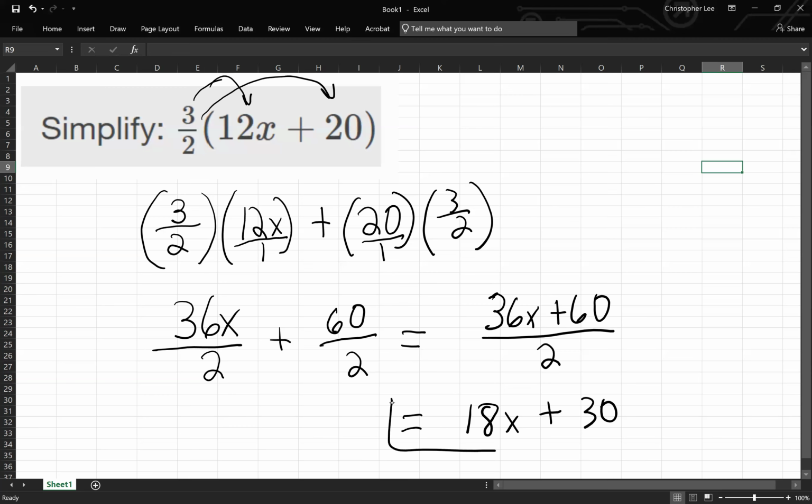There we go. And that's it. All right. Questions on this? Go ahead. 18x plus 30, that's the answer. That's a simplified answer. All right. Not too bad. I got another one for you guys.